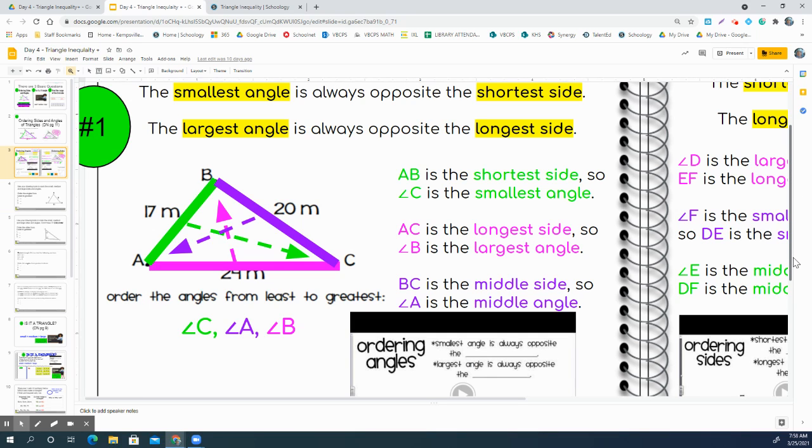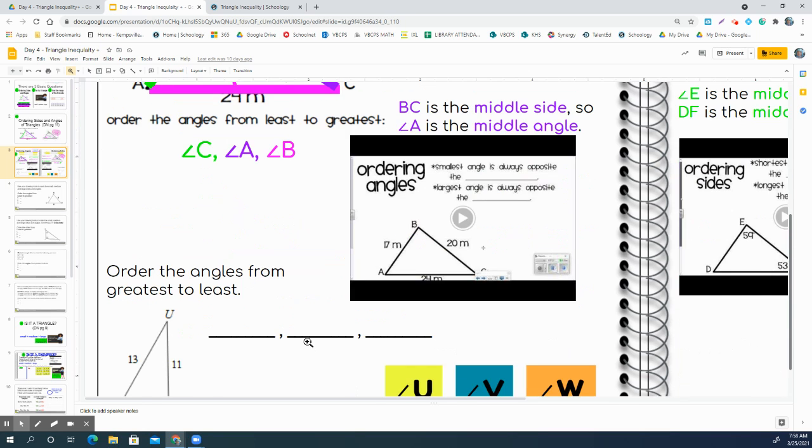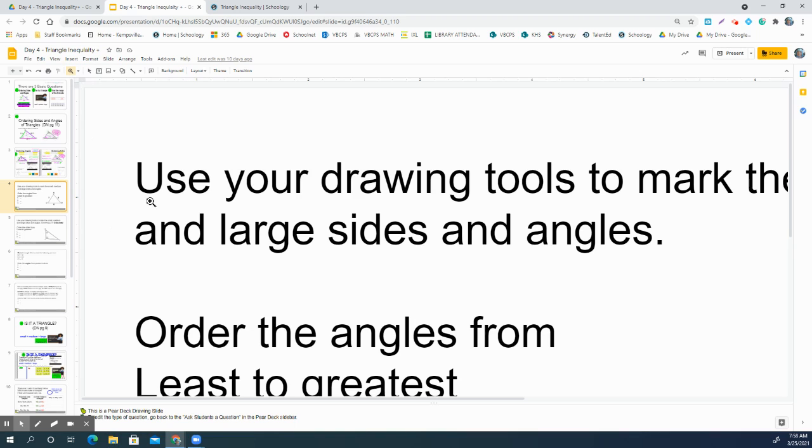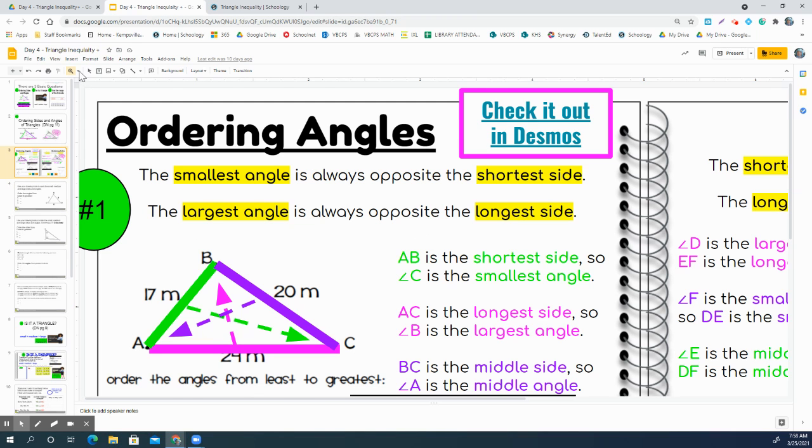I think it's just that one slide. I think you'll be able to write on the next one. Oh my goodness gracious. I'm going to get my life together, I promise.